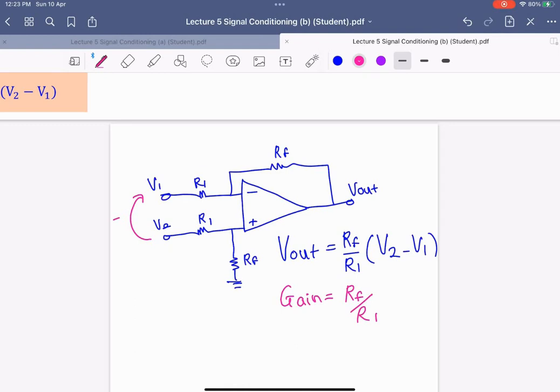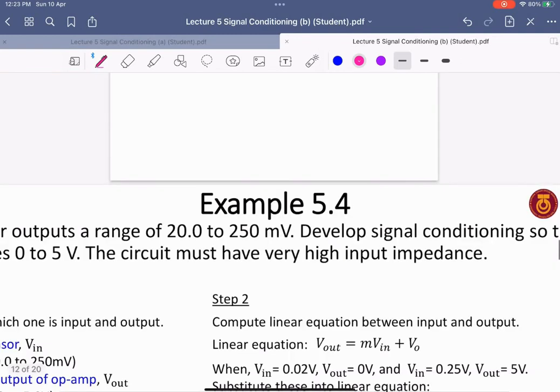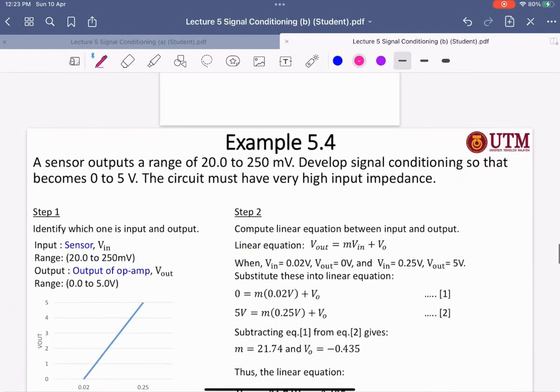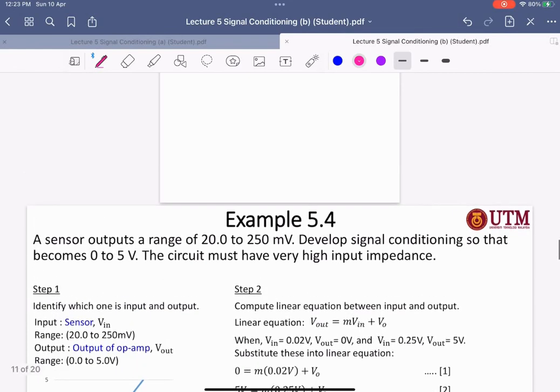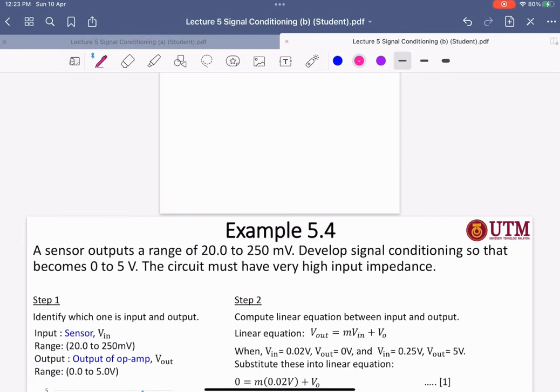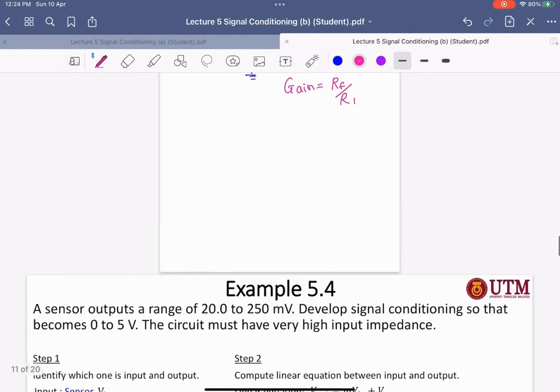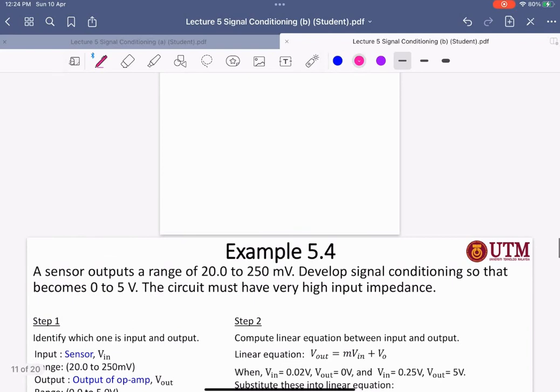All right, let's look at example 5.4. A sensor output range of 20 to 250 millivolt. Develop signal conditioning so that it becomes 0 to 5 volt. The circuit must have very high input impedance. In this case, you need to understand the concept.